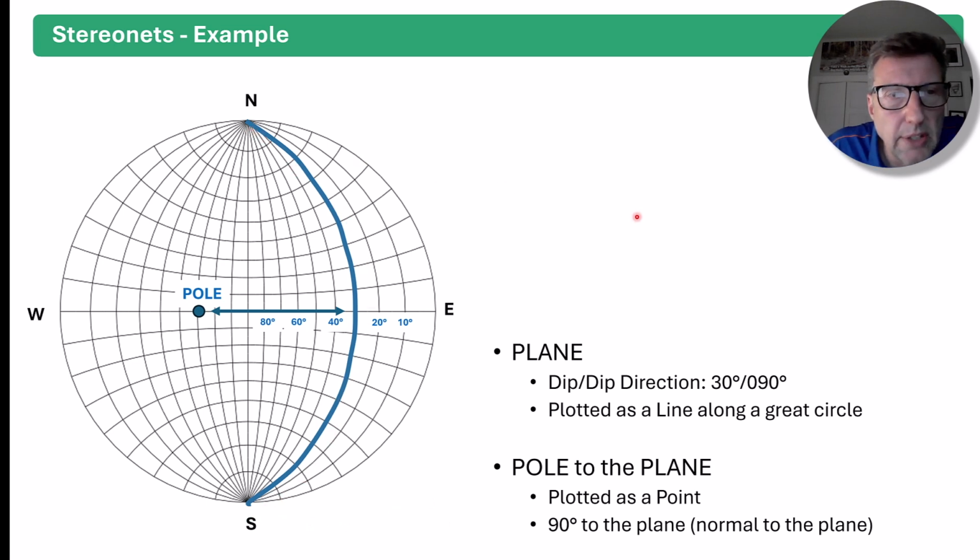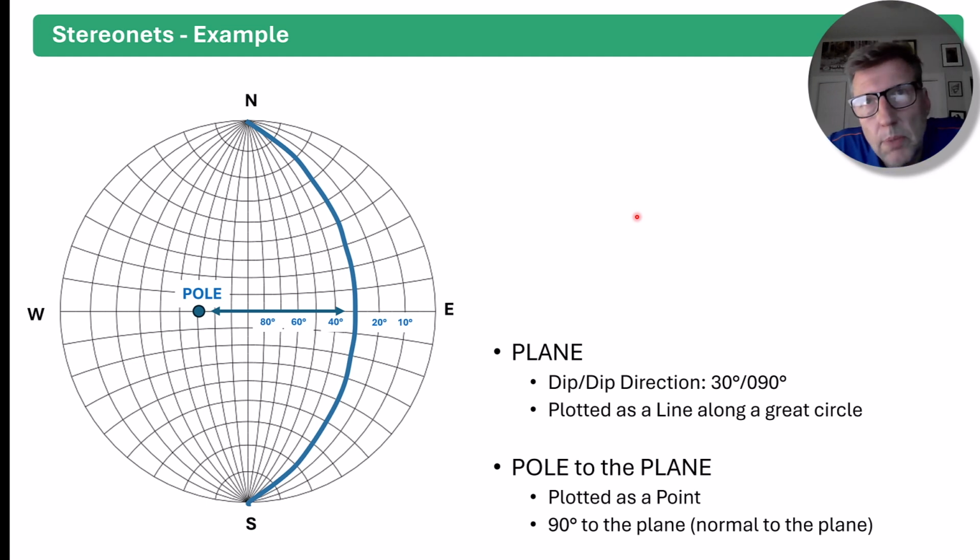Other thing that we can do is we can plot the pole to the plane. So recall, the pole to the plane is the normal to the plane. The normal to the plane is a line, but because we're plotting it on a stereo net, we lose a dimension, so the pole to the plane becomes a point. Okay?